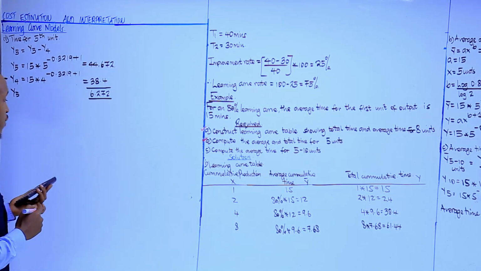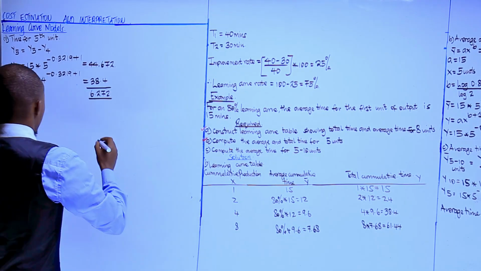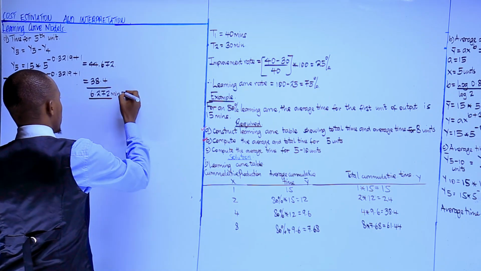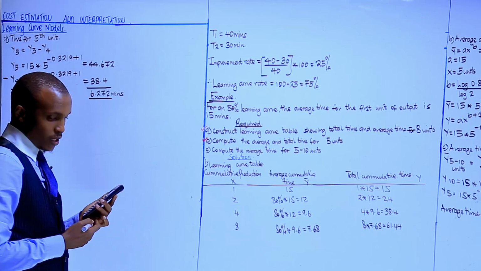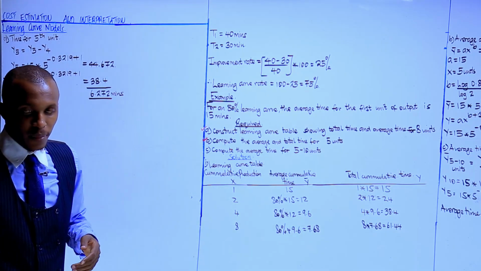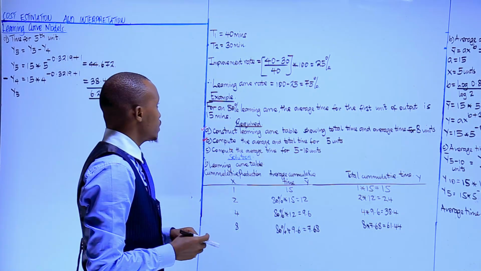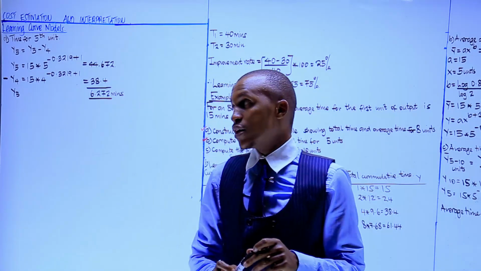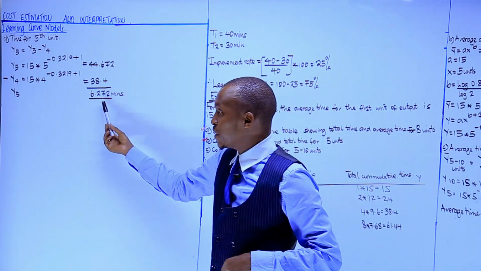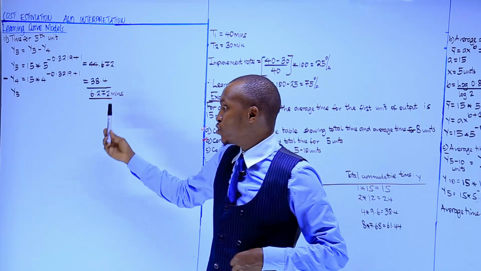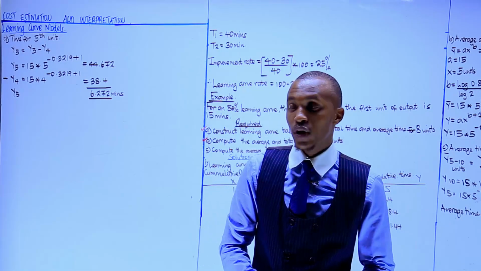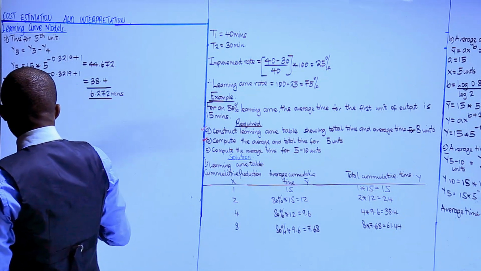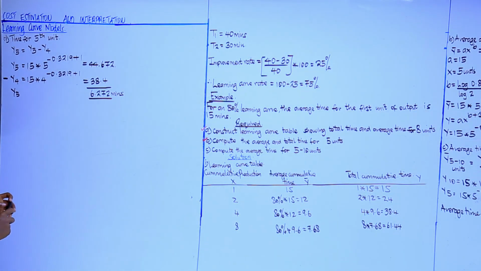So the time for the 5th unit is 6.272 minutes. With an 80% learning curve, where your first unit is produced in 15 minutes, the time for the 5th unit specifically will be 6.272 minutes.